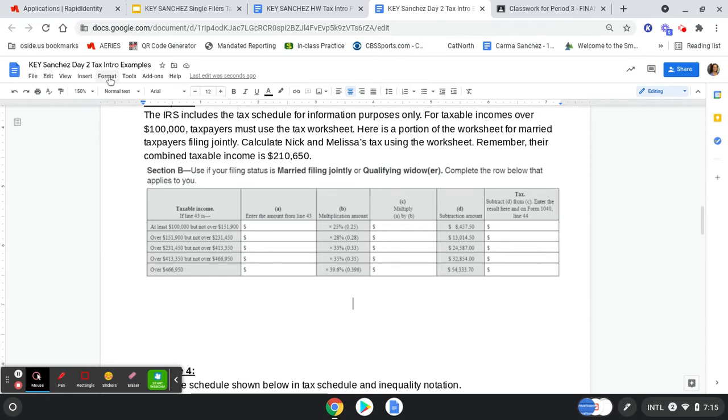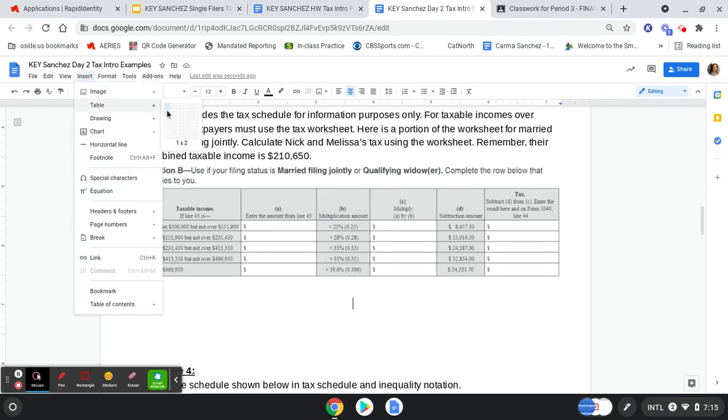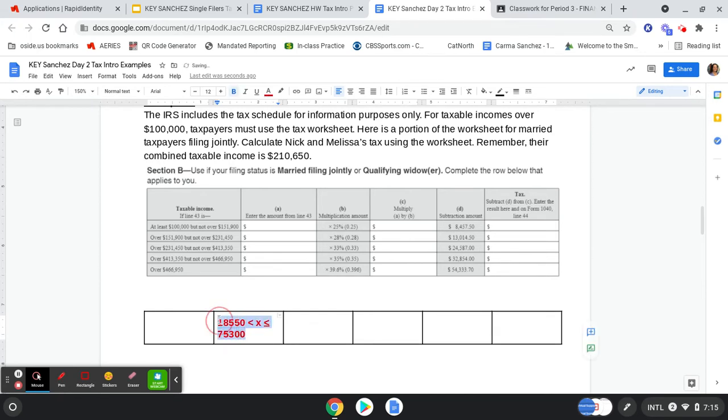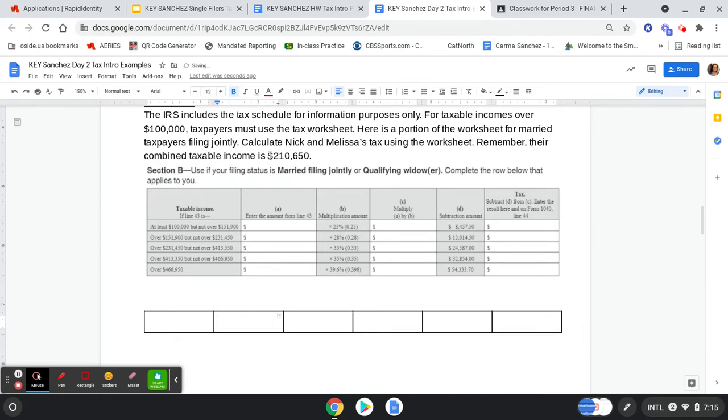And so we're just going to make a quick insert table, and we're going to make it 1, 2, 3, 4, 5, 6. Kind of like the worksheet above here. And we're just going to be filling in what sections they wanted us to fill in here. So 210,650 is the income from line 43.